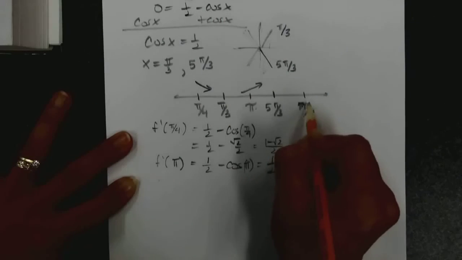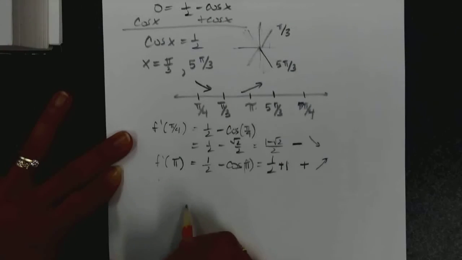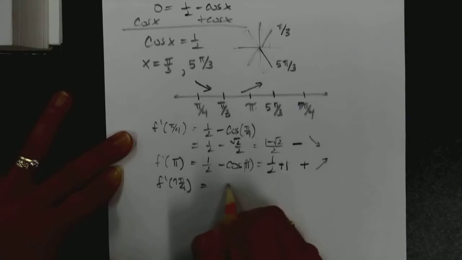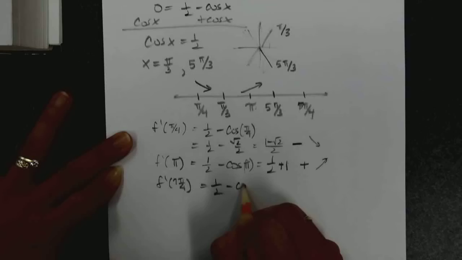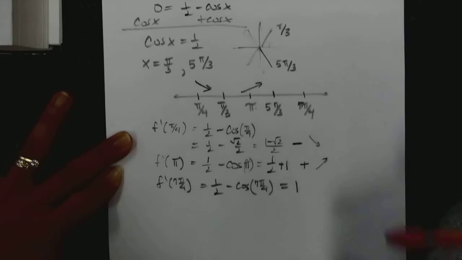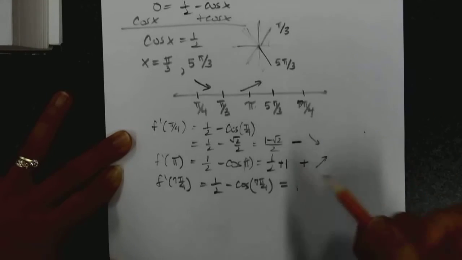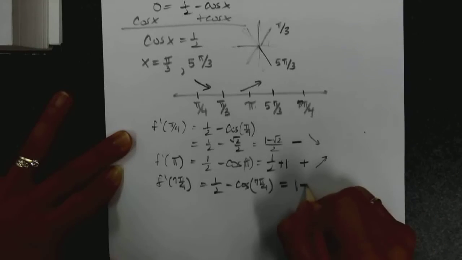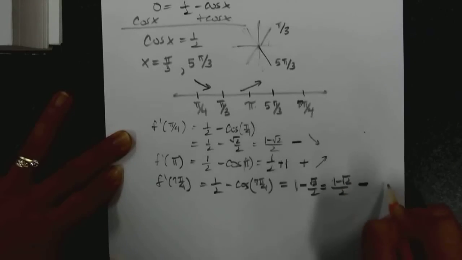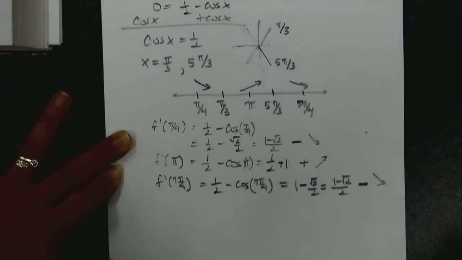And then f prime of 7 pi over 4, the cosine of 7 pi over 4 is going to be square root of 2 over 2, so it's 1/2 minus the square root of 2 over 2, which is also negative, so it's going down.